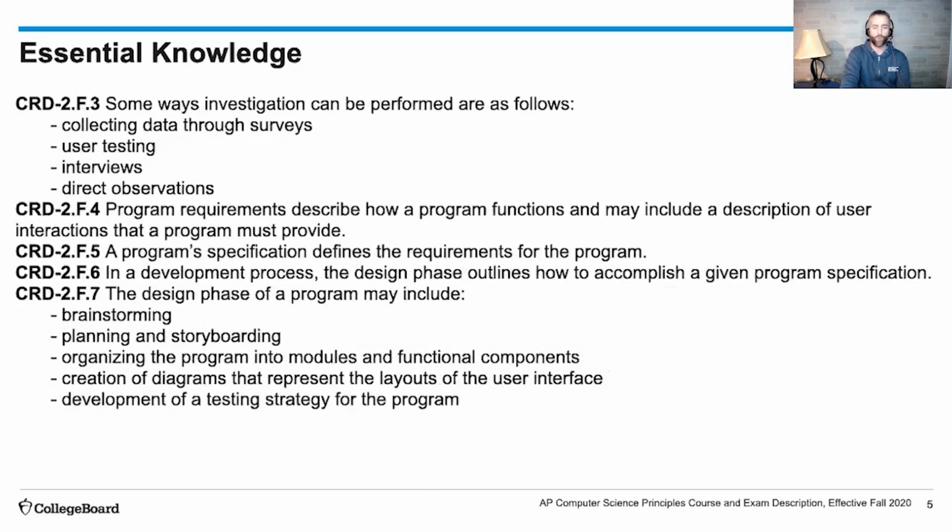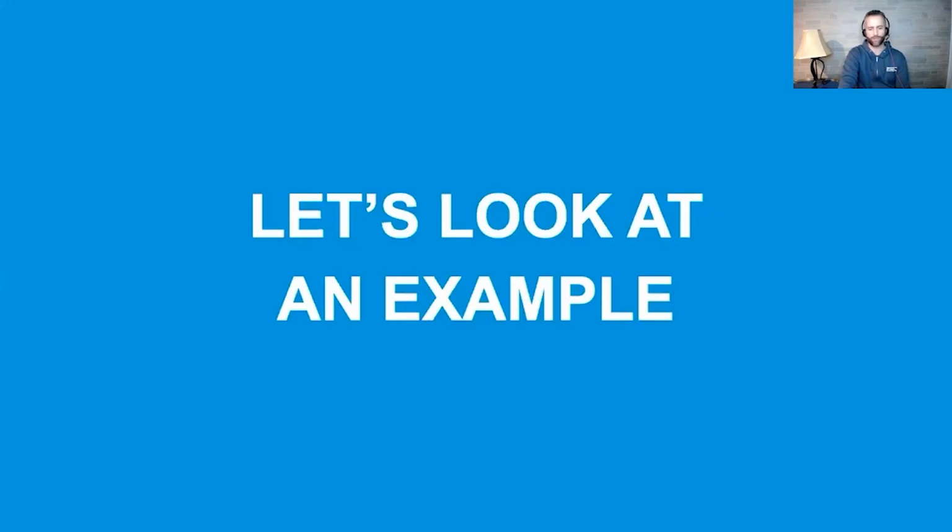Some ways of preparing to program and making sure that we understand the problem that we're trying to address, and then how the different steps of the programming process are outlined. So let's look at some examples to really develop these essential knowledge statements.